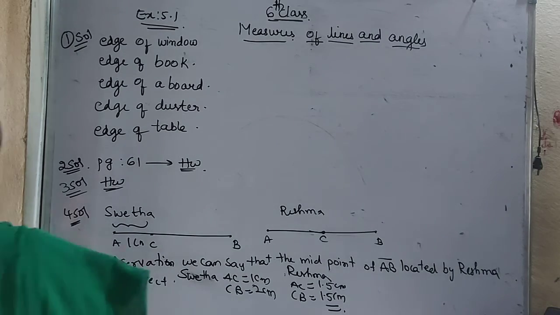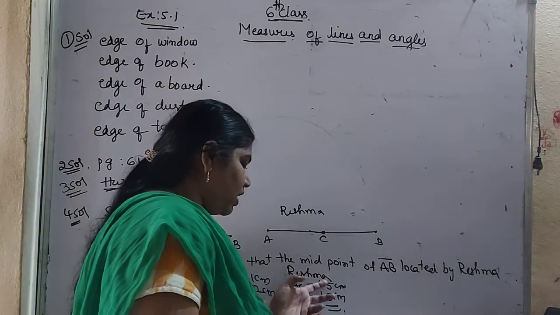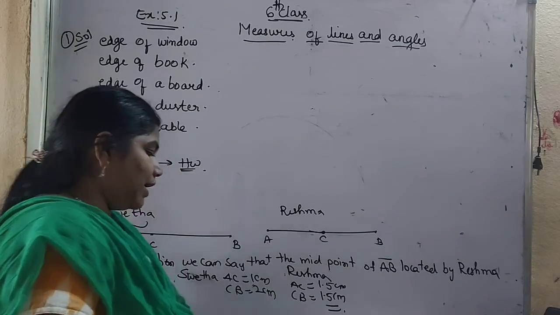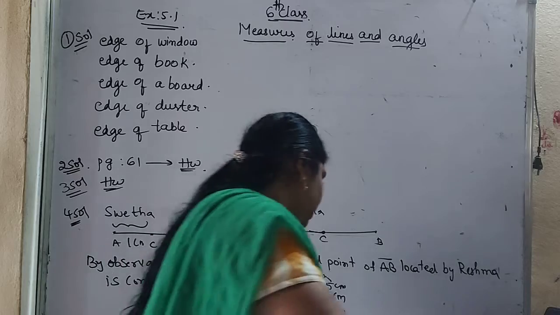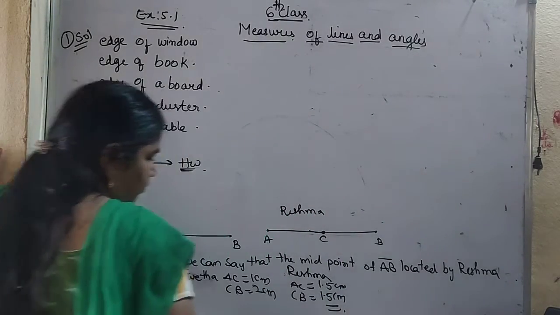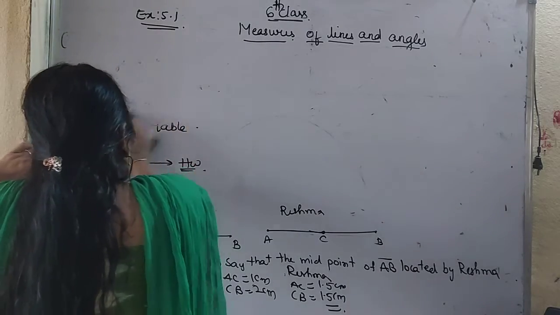So Sweta's measurement is 1 centimeter and 2 centimeters, but Reshma's is 1.5 and 1.5 centimeters. So these are the line segments. Which one is correct here? Reshma's is correct. So this is our fourth solution. Next is last question in this exercise.